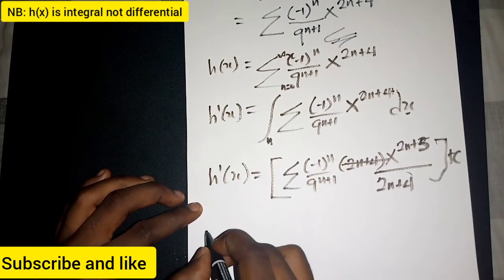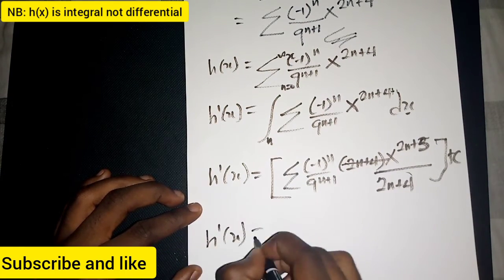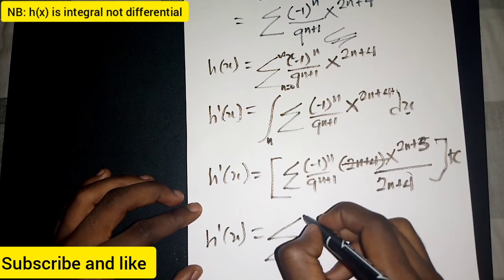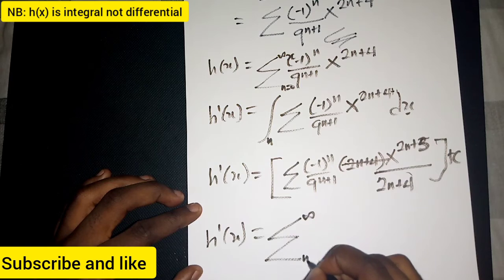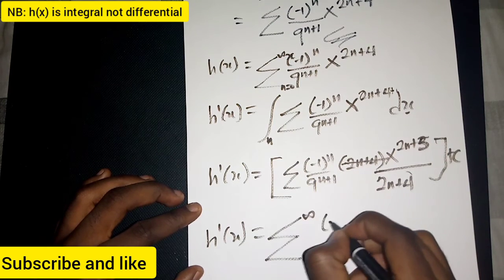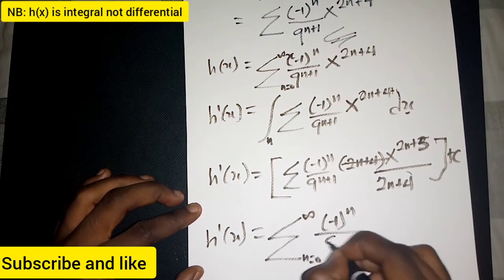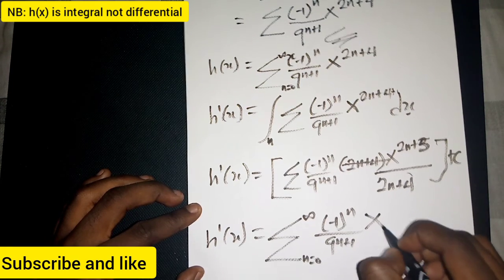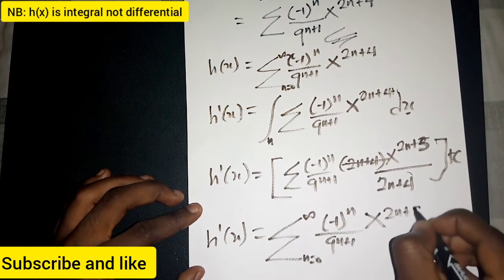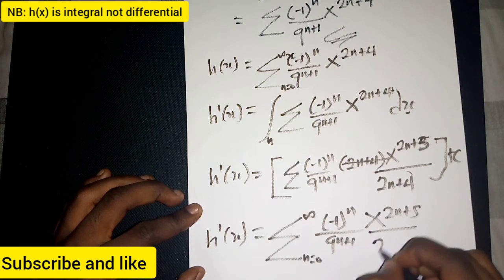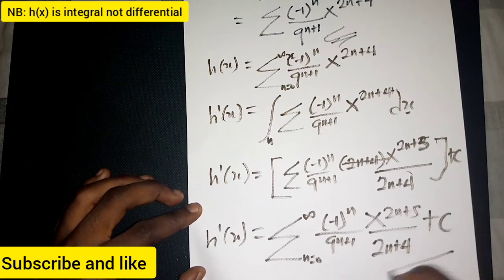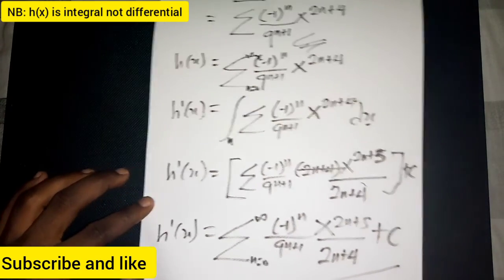So we have the integral as the summation from 0 to infinity of negative 1 to the power n over 9 to the power n plus 1, times x to the power 2n plus 5 divided by 2n plus 4, plus c as our final answer.